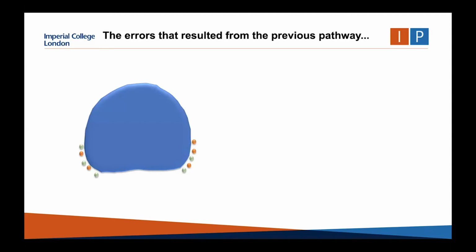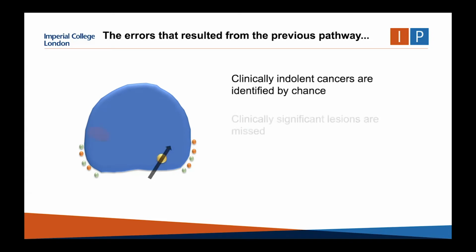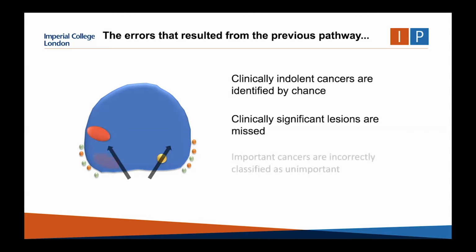The pathway has changed. I used to have this slide saying the errors that resulted from the current pathway, but it is now the previous pathway, and it should really be internationally. If a man has a clinical suspicion of prostate cancer, usually an elevated PSA blood test, or an abnormal rectal nodule on examination, they would normally have gone on to a TRUS biopsy, a systematic, pretty random sampling that finds indolent cancers by chance, can miss important cancers and misclassify important as unimportant due to a glancing blow.